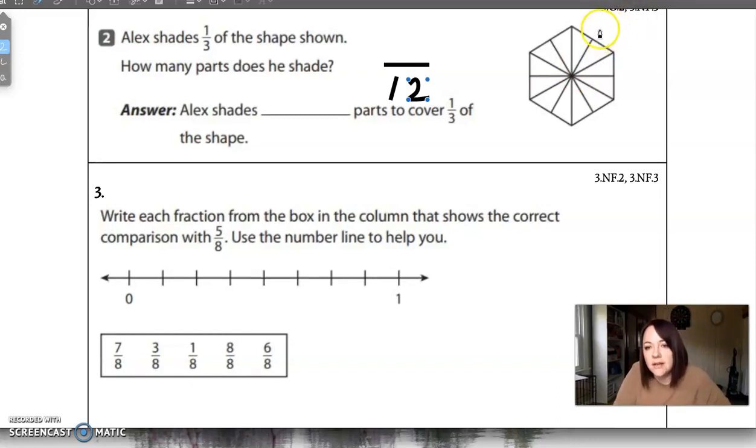So let's look at this. If it's divided into 12, we need to figure out how to divide it into thirds. So I'm going to take my line, I'm going to draw it here, I'm going to move it over a little bit, and then I'm going to draw another line. Whoops, did that wrong. There, and then I'm going to draw another line.